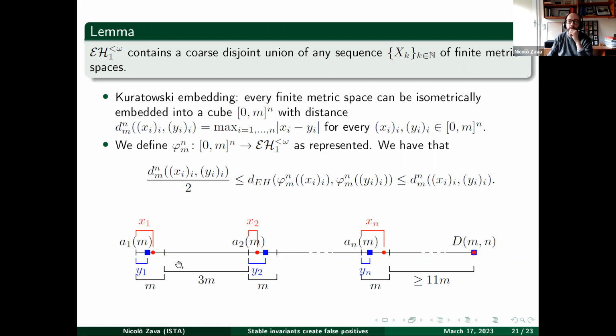So we take a sufficiently long interval, and we take a distance. The first point is going to be 0, then at a distance x1 we put a red dot, then some sufficiently large blank space, and then at a distance x2 another red dot, another blank space, and so on and so forth up to xn.